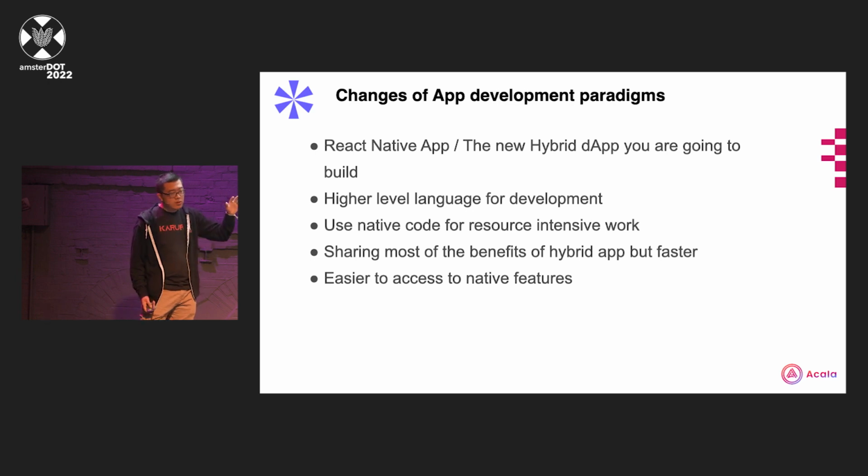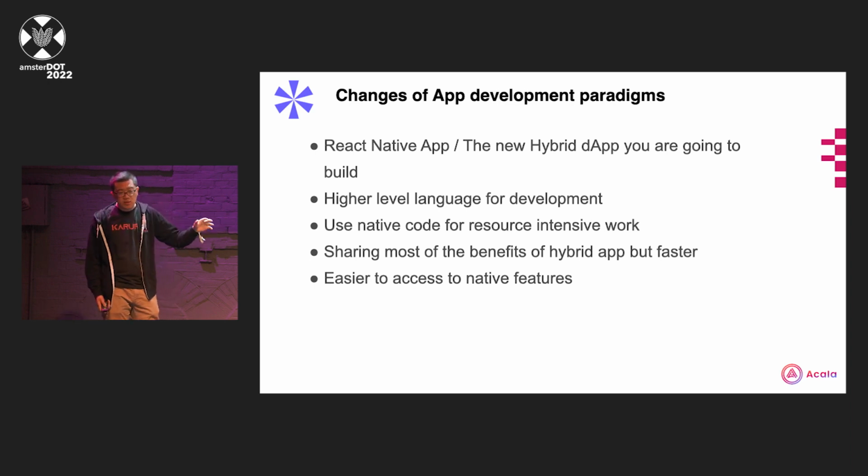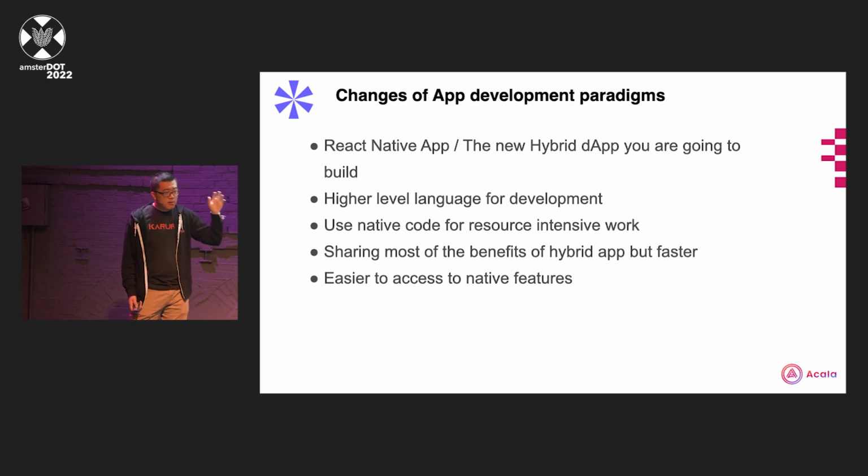Using this approach, we can still build applications using a higher level language, such as JavaScript or TypeScript, which is much easier for most developers to use. But we can easily fall back to native code for any resource-intensive work, such as handling animation, for example. That is one of the good things about it. It can be done very efficiently.